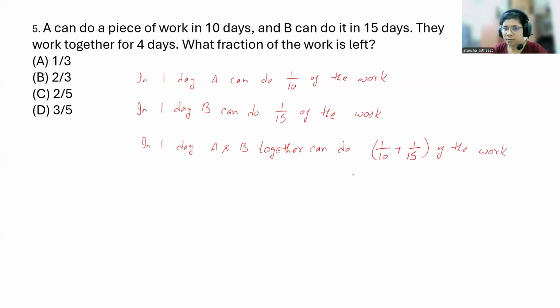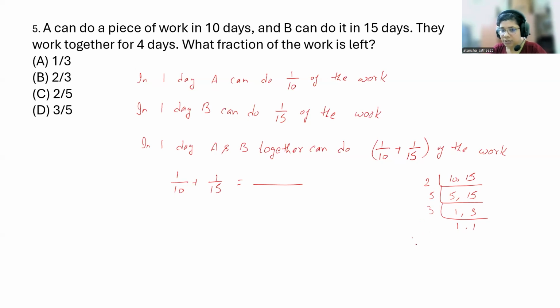Again, solve it. So, 1 by 10 plus 1 by 15. Look for the common denominator. Again, you have to take the LCM of 10 and 15. Look for the smallest number which can divide one of them. It is 2. 15 as it is. Now 5 and 15, you start with 5, it is 1, it is 3. Again, now you have to take 3, 1 and 1.